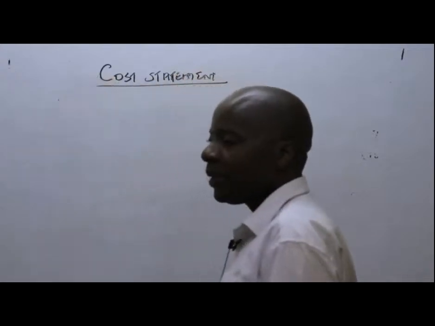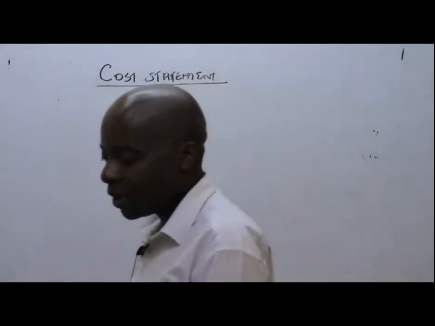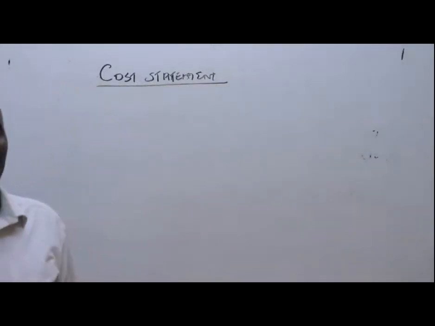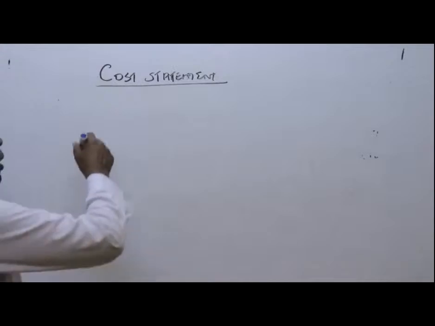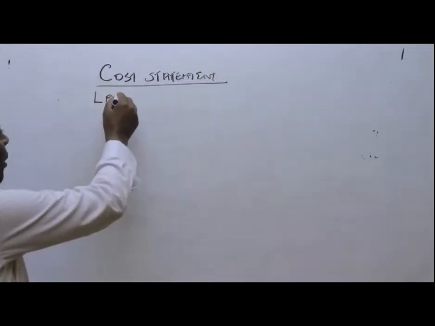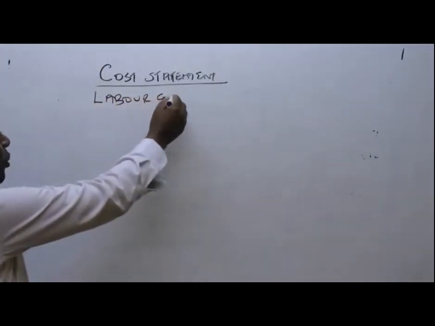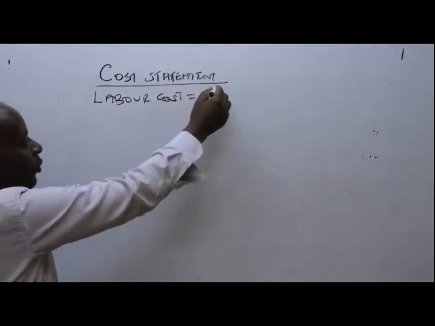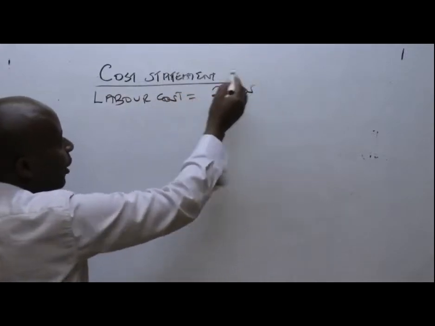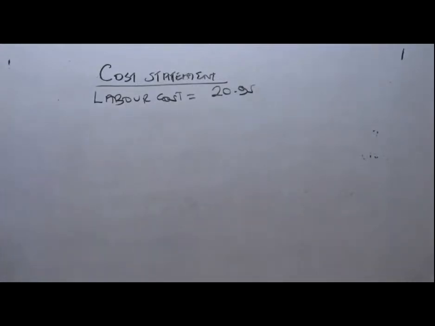For the cost statement, number one is the labor cost. I'll start with it so I don't forget it. The labor cost for each chair is 20.95.